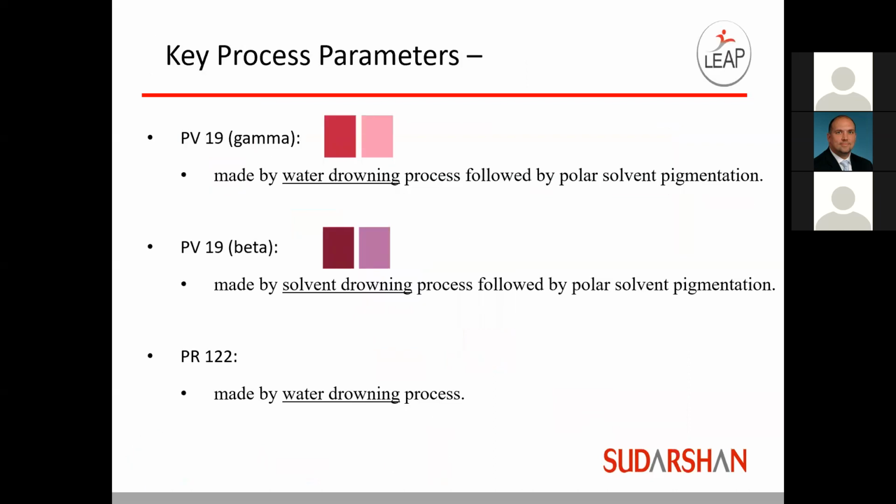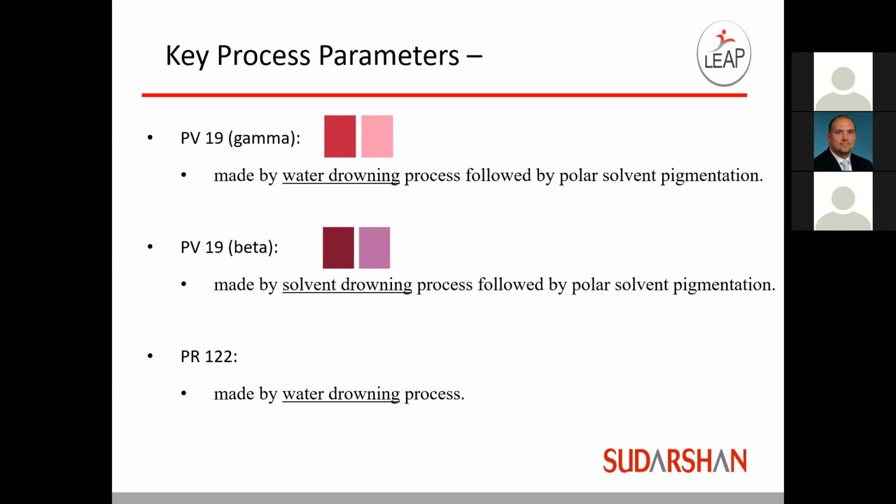So we talked about some key process parameters with regards to quinacridone manufacture, and to generate the crystal structures of the violet 19s is determined by what type of solvent is used in the drowning process.